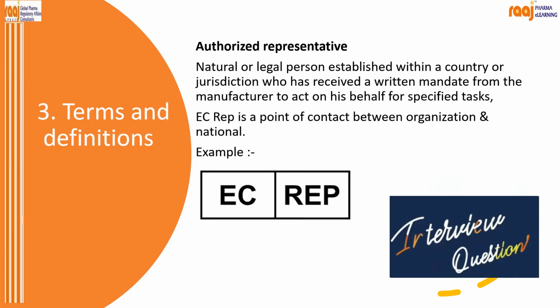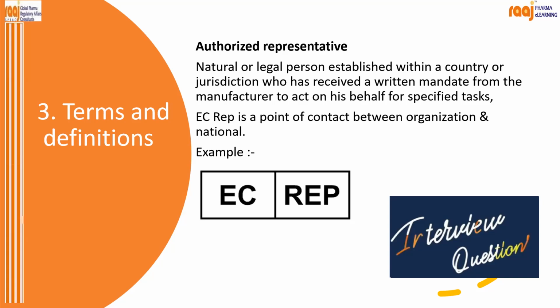Authorized representative: a natural or legal person established within a country or jurisdiction who has received a written mandate from the manufacturer to act on their behalf for specified tasks. The EC rep is a point of contact between the organization and the national authority. So if you go to Europe, or in US also, you have to hire that EU rep, a local agent.